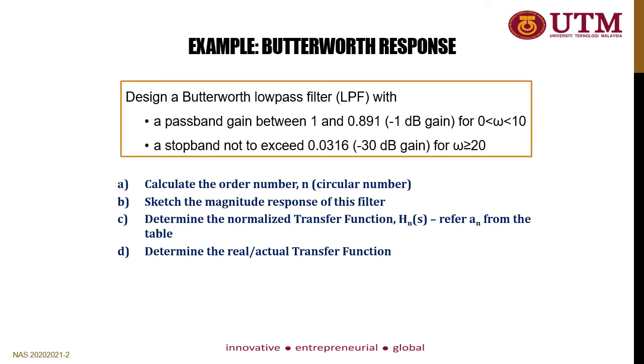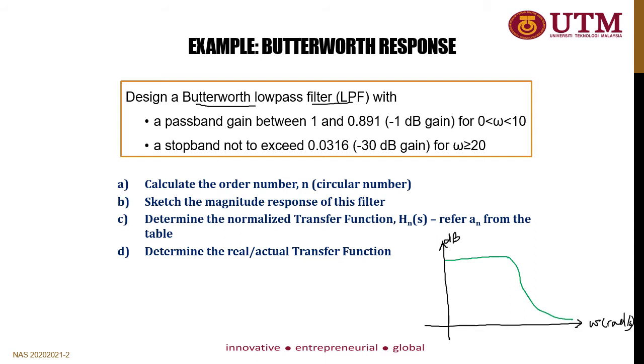Let's look at an example on the Butterworth filter. Design a Butterworth, stated clearly, a Butterworth low pass filter. You can illustrate this using the frequency response, the filter response. This is in dB and this is your omega in radian per second. It is a Butterworth, so it is low pass, having a flat top signal, and then the cutoff frequency, and it attenuates at higher frequency.